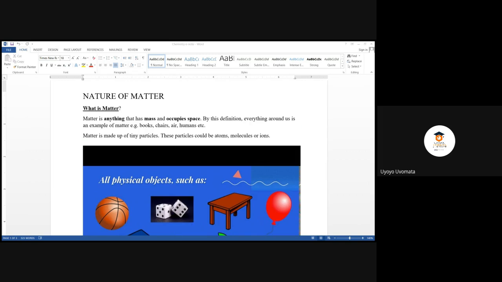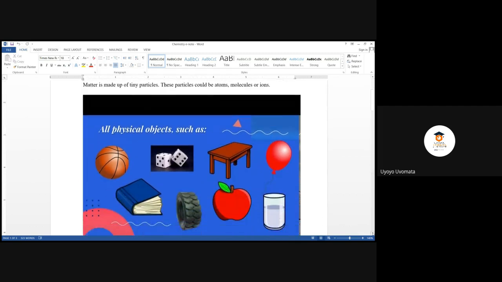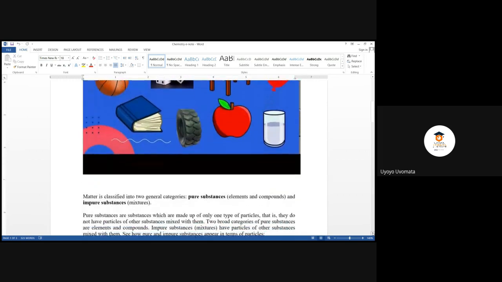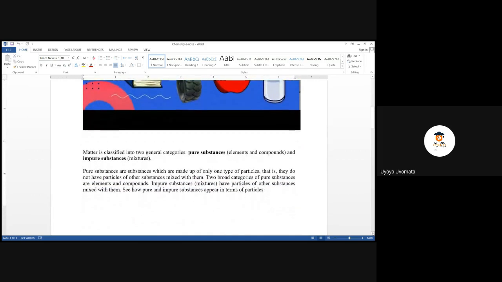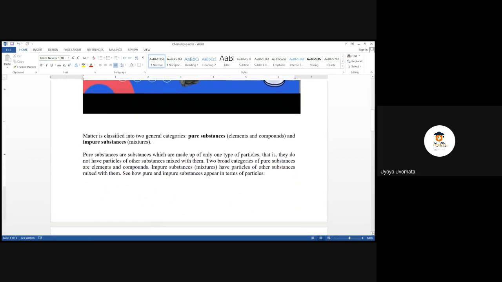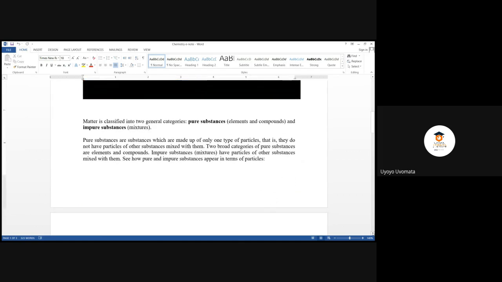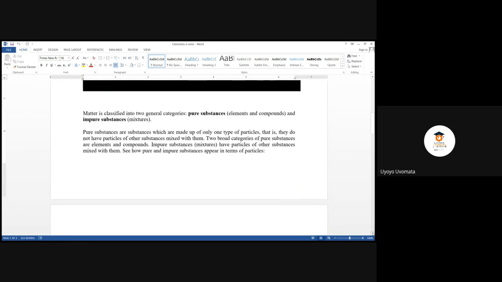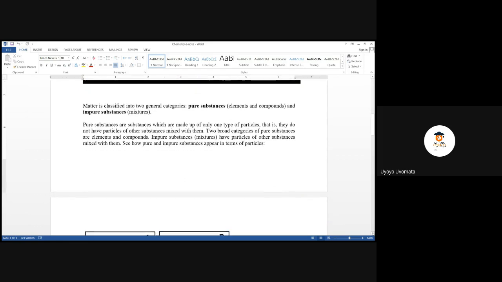Now, having stated that, it's good we have this in mind about the particle nature of matter. When we see a substance, it's good we know that this substance is made up of tiny particles. It is not just existing in that form in which we see it.